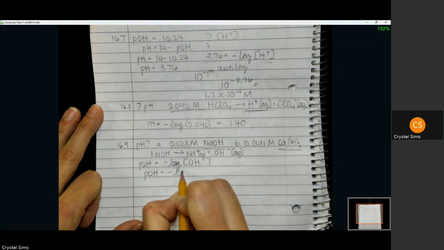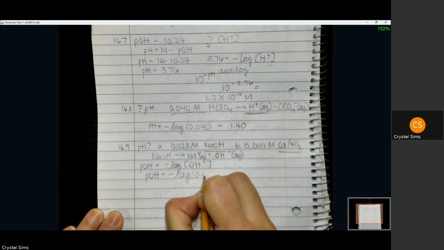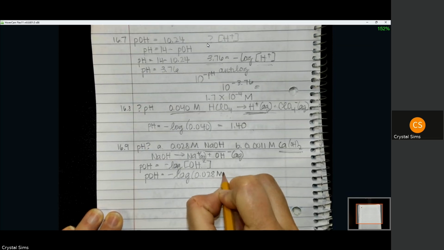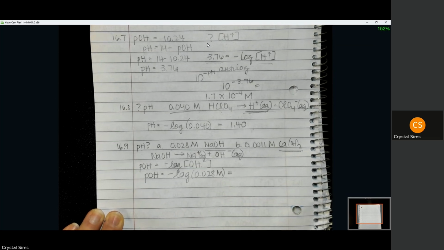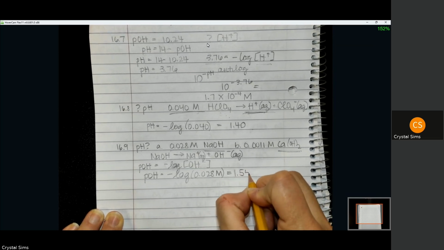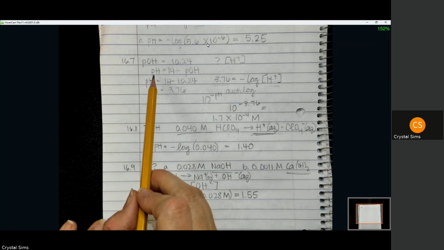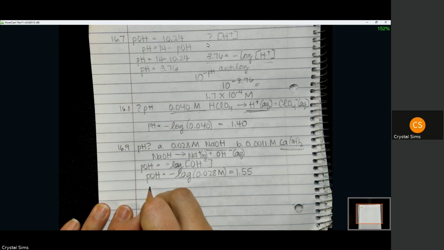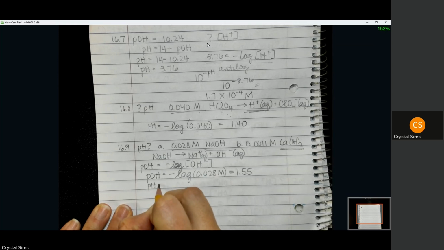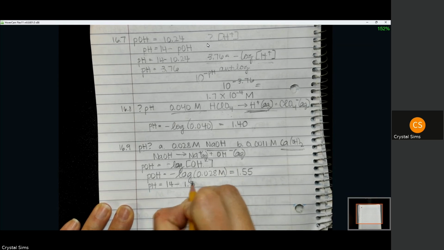So the negative log, we know it's equal to our molar concentration of our substance, so we're going to plug that in there. And so our pOH is going to give us 1.55. Then we use our formula from right here, where pH and pOH add up to be 14. So then my pH will equal 14 minus my pOH, which is 1.55.